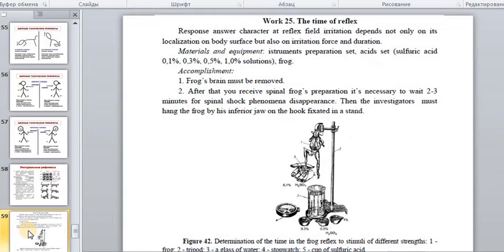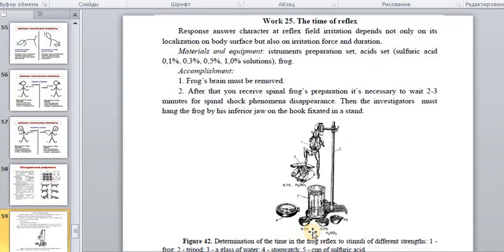And the second part of our practical is practical work from our notebook, and work 25 is the time of the reflex. The response, the character of the reflex to irritation depends not only on its location on the body surface, but also on irritation force and duration, and here different concentrations of acid, and the strength of these liquids will be more in percent.